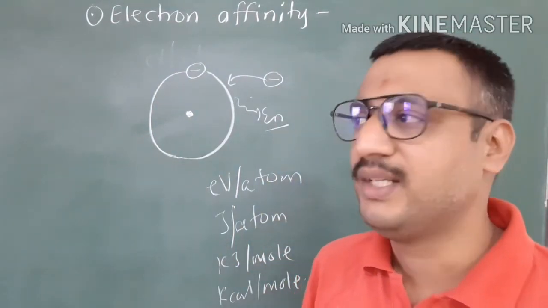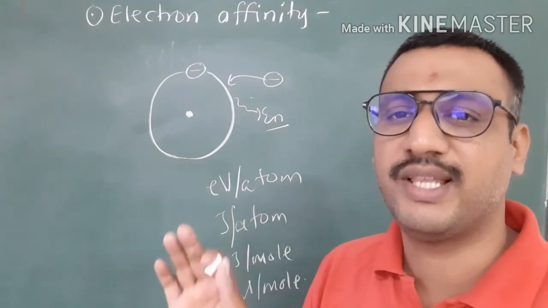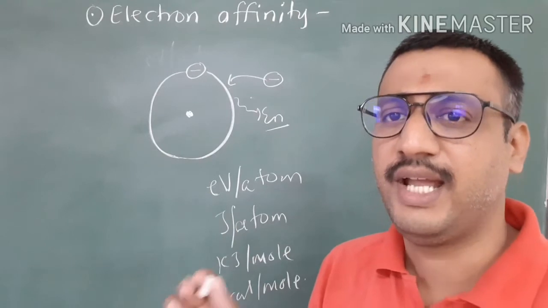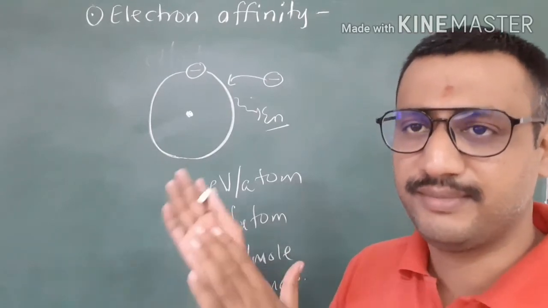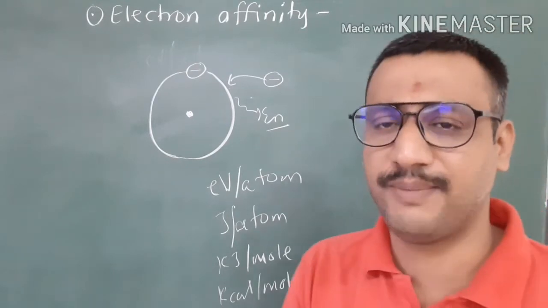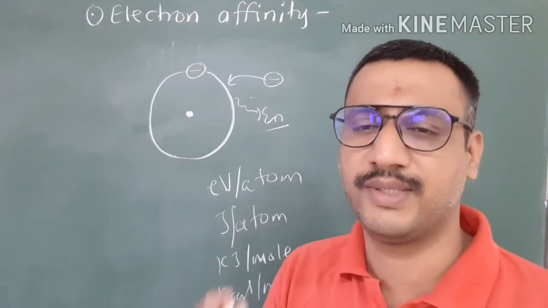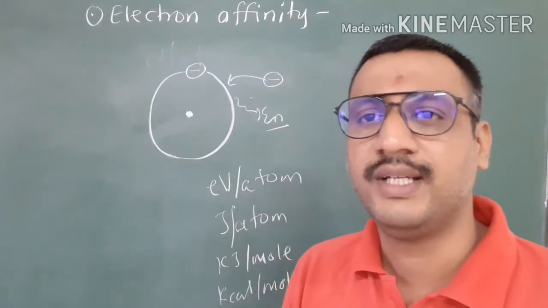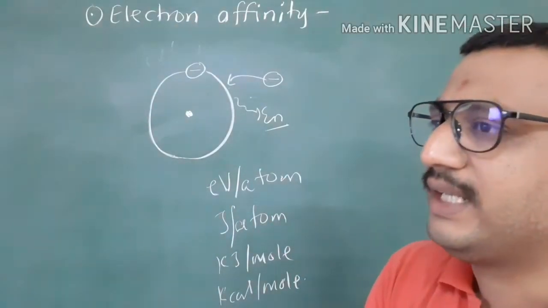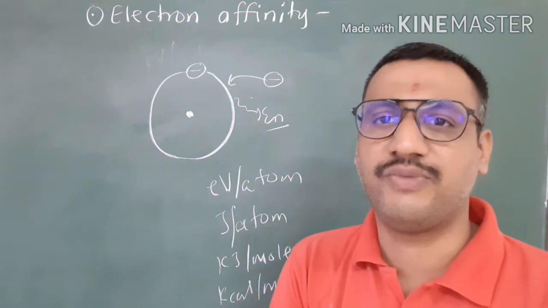In the same way, they give different values of enthalpy of formation, enthalpy of sublimation, and atomization, and based on that we should determine the electron affinity, just like solving that puzzle. Separately we'll discuss the Born-Haber cycle, but with its help the values of electron affinity are determined. Now the next thing is successive electron affinity.